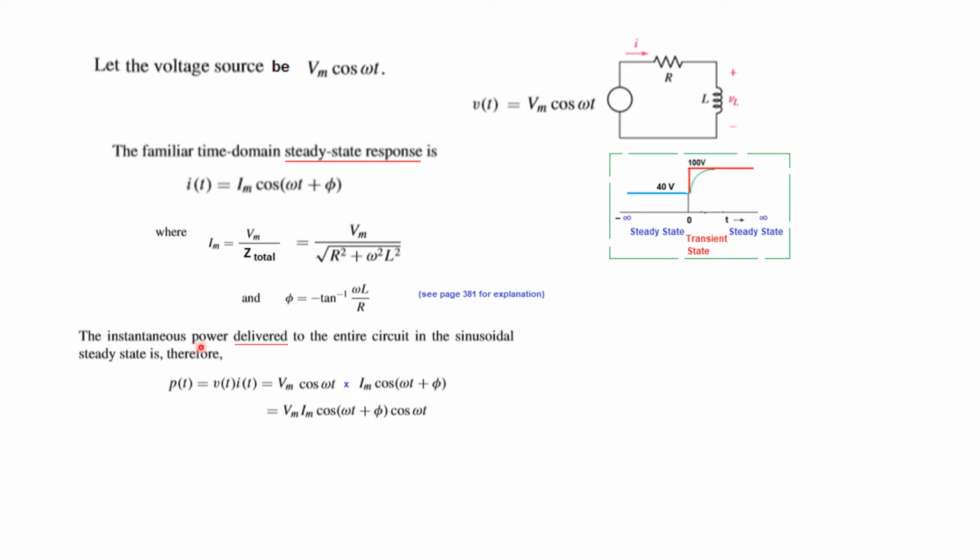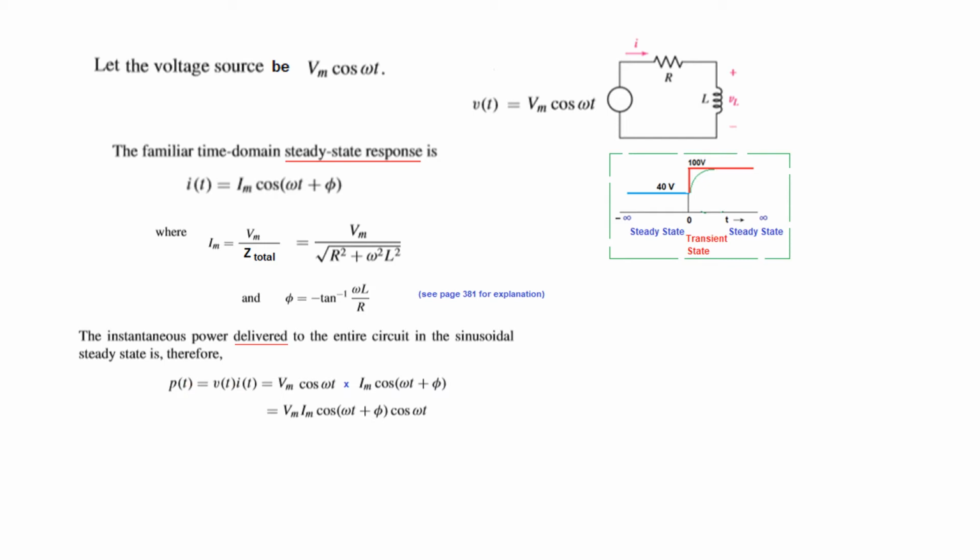Now the instantaneous power delivered to the entire circuit will be p is equal to v times i. Remember, we had mentioned earlier also that whenever we write t, that means it is instantaneous voltage or instantaneous current or instantaneous power.